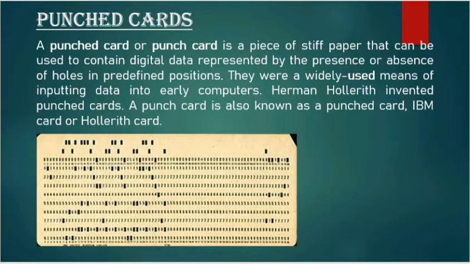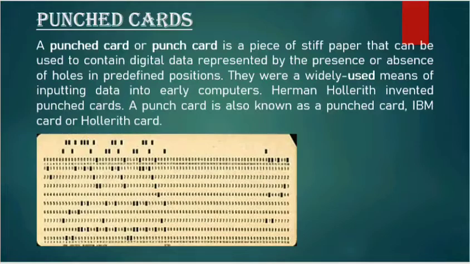So before that we can just discuss punched cards, because one student asked about this. A punched card simply means a piece of stiff paper which has programs. Now you are thinking how a sheet of paper can hold programs.